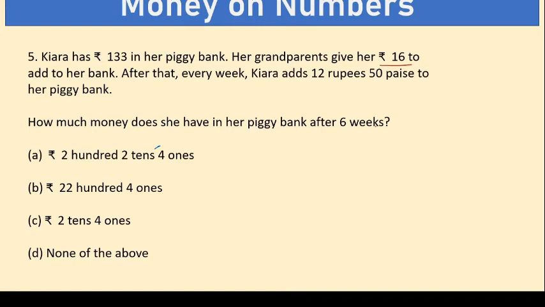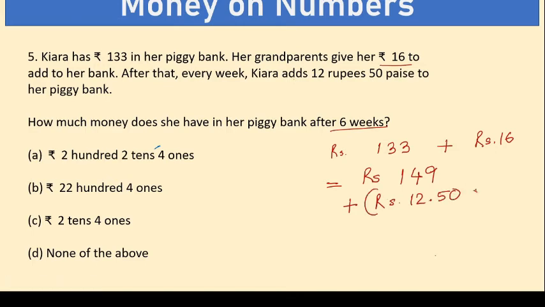So here, the total amount that Kiara has in the start is rupees 133 plus the rupees 16 that her grandparents gave. So first let's start with the starting amount, which is the sum of these two numbers, which is 149 rupees. After 6 weeks, she would have added 12 rupees 50 paise times 6, and this amount needs to be added to the original amount.